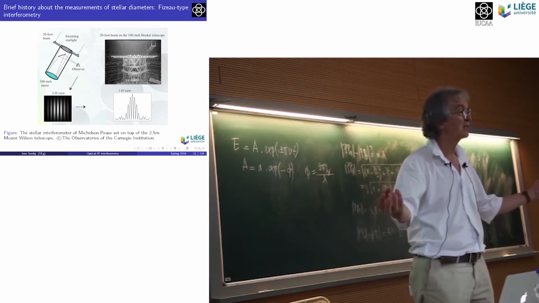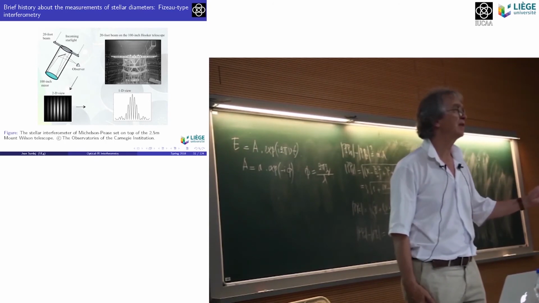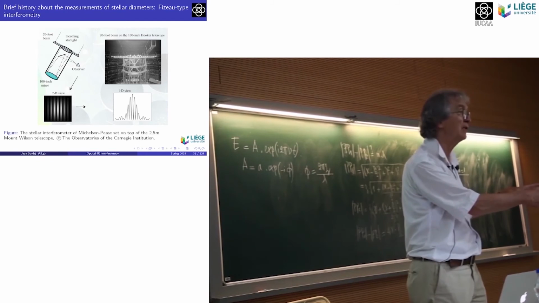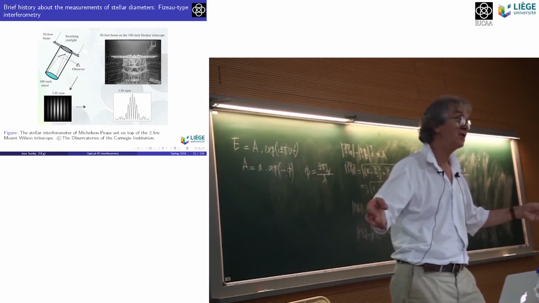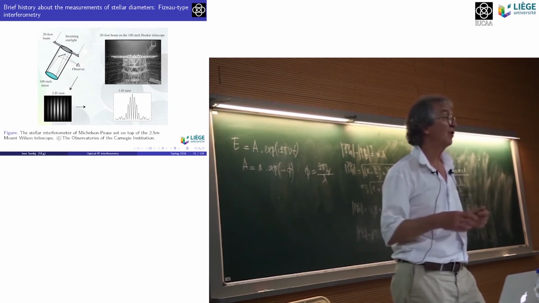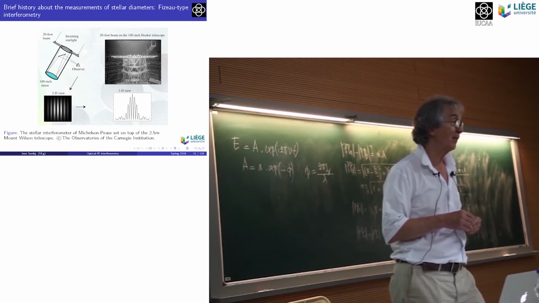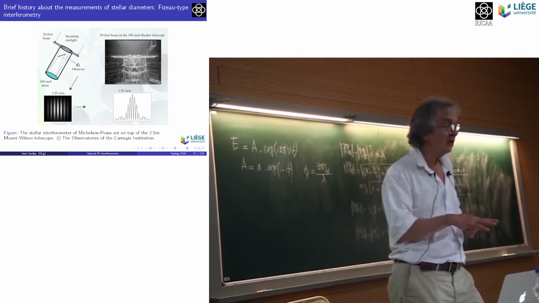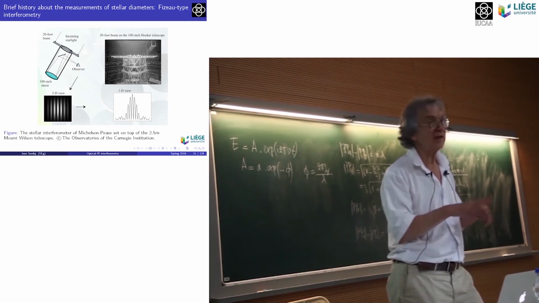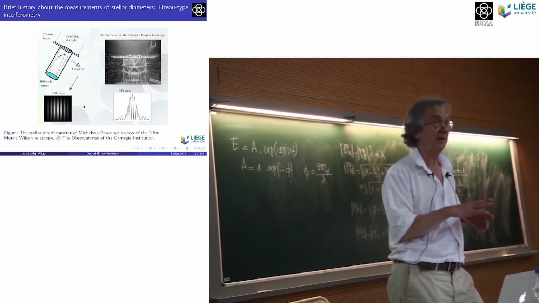I think the size was 27 centimeters, separated by up to 144 meters, and they could resolve the star Vega in the sky. But this was in 1975. So from 1920 until 1975, nothing happened in optical interferometry.